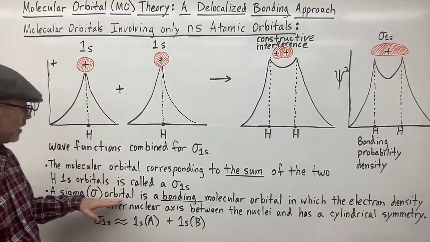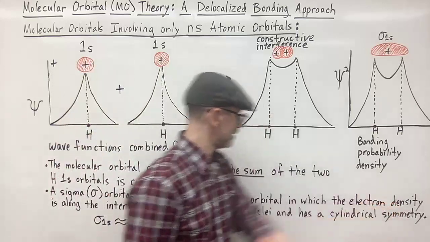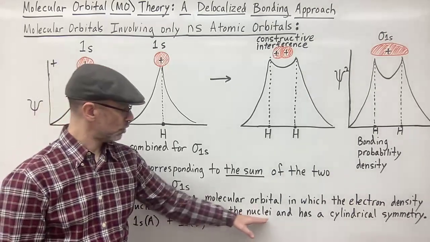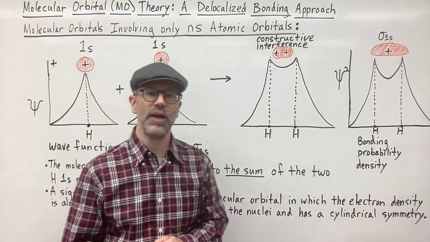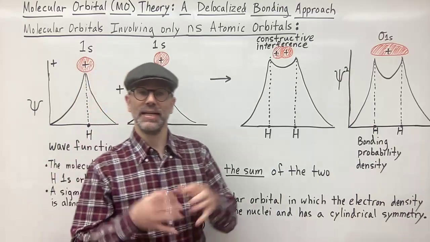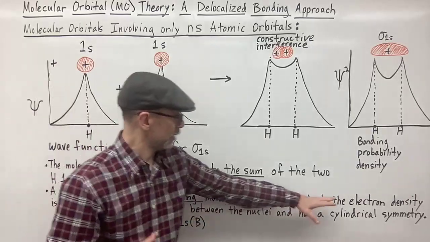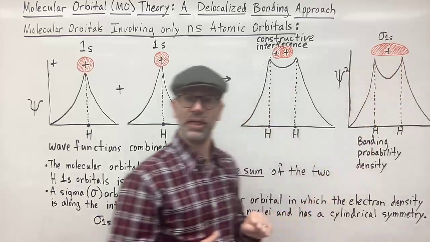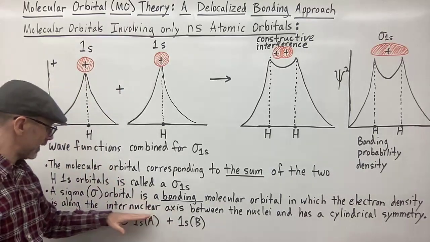So the sigma orbital is a bonding molecular orbital in which the electron density is along the internuclear axis between the nuclei and has a cylindrical symmetry. What does all that mean? It means that when we call a bond sigma, the probability density of finding the electron in between the atoms is along the internuclear axis.